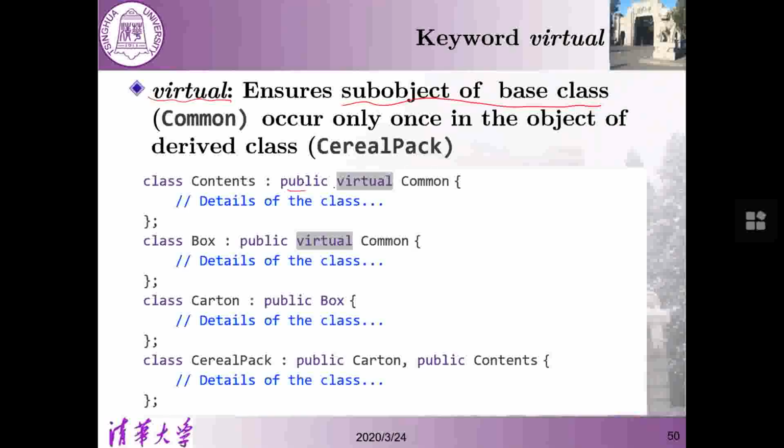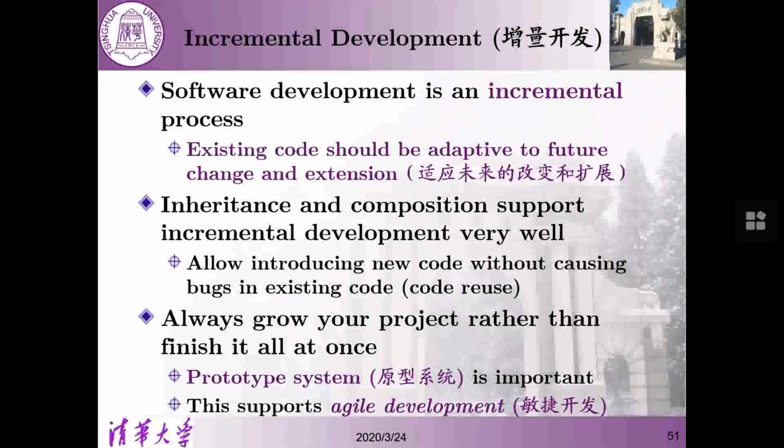So we put a virtual here and also put a virtual here. This derived class has 2 common classes as the base class, but because they have virtual, only 1 copy of the base class object will be inherited into this class. Okay, so this is multiple inheritance.